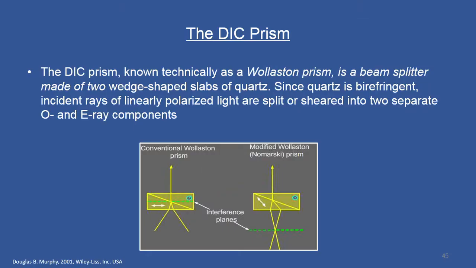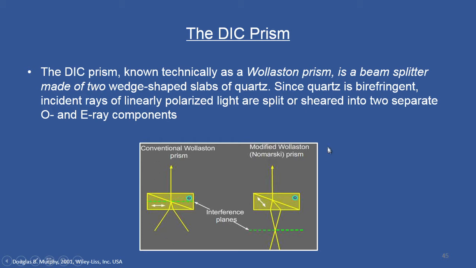Now, let us see what this DIC prism does. The DIC prism, known technically as a Wollaston prism, is a beam splitter made of two wedge-shaped slabs of quartz. Since quartz is birefringent, incident rays of linearly polarized light are split or sheared into two separate ordinary and extraordinary ray components.